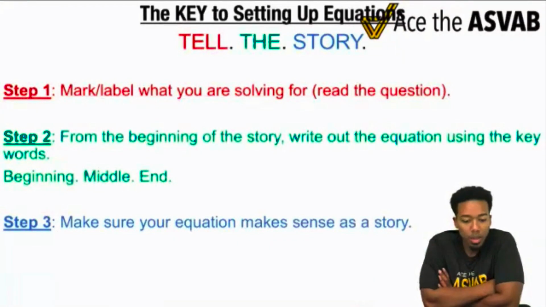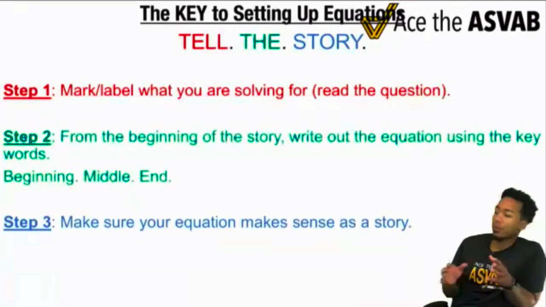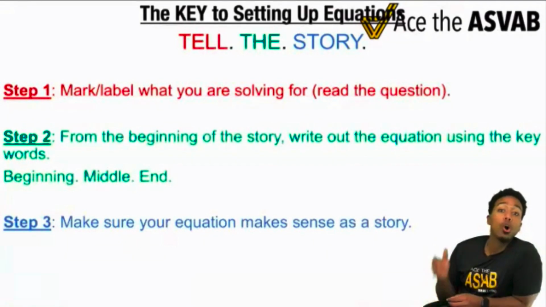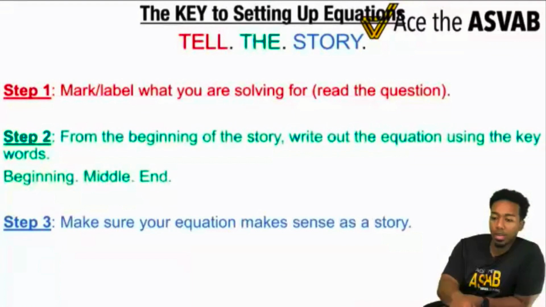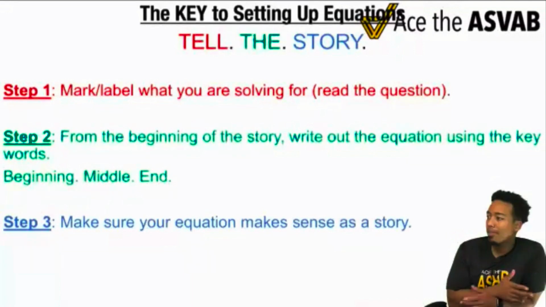So there are three steps to success when it comes to setting up equations, or translating English into math. First things first, this never changes: start by reading the question. You want to know what you're looking for every single time. Think about it, everybody.